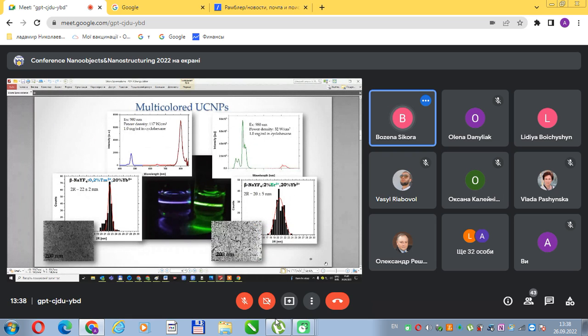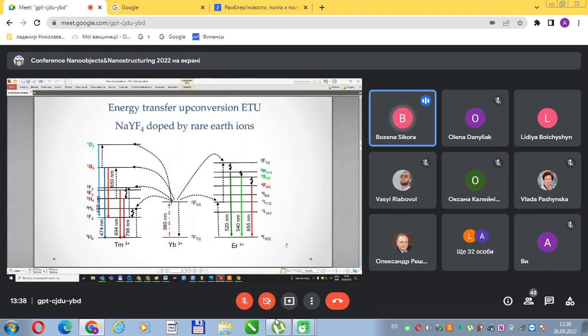We need to have this because we cannot attach the protein directly to the surface because probably the protein loses activity. Yes, probably we will observe some unfolding and destroy the protein. That's why we need the linker, and then we attached the protein.